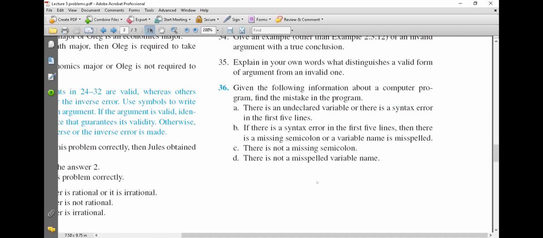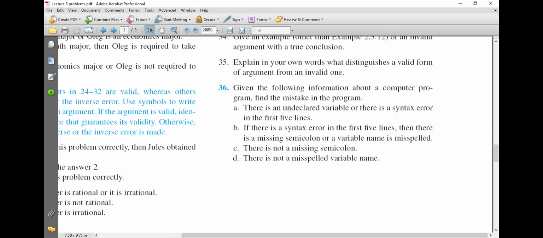I would like to recommend that we denote these statements by variables. To not get confused, let's denote: there is an undeclared variable, let's denote it by U. Please write it down.